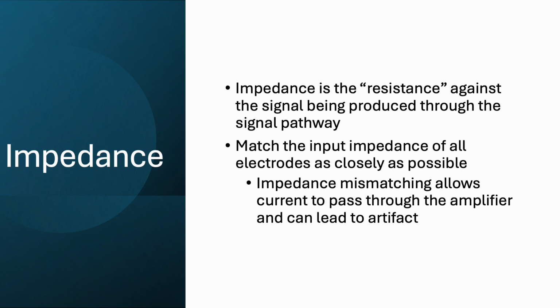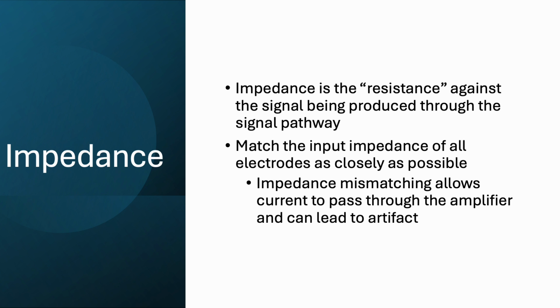Every effort should be used to match input impedance of all electrode pairs as closely as possible. Typically, the lower the impedance, the better, but too low can have issues as well, like making the patient bleed. The general rule is to keep electrode impedance under 5,000 ohms or 5 kiloohms, but they should be relatively equal.